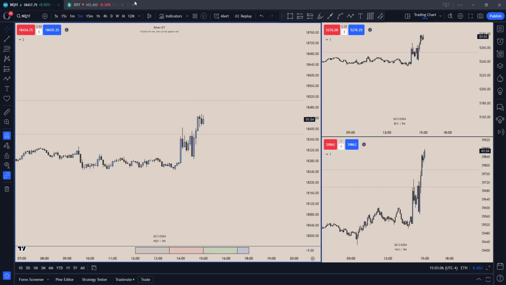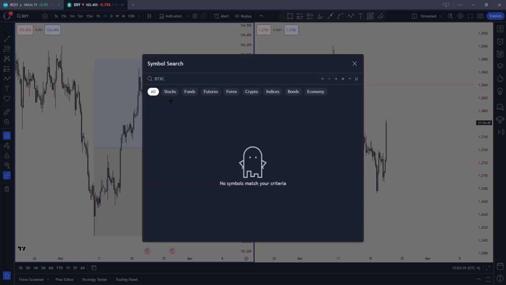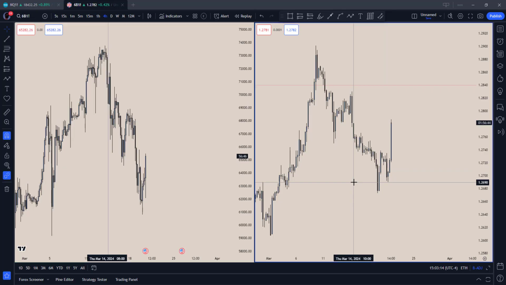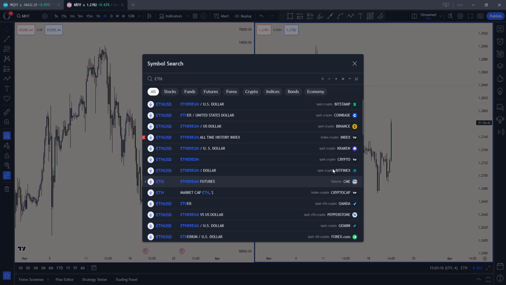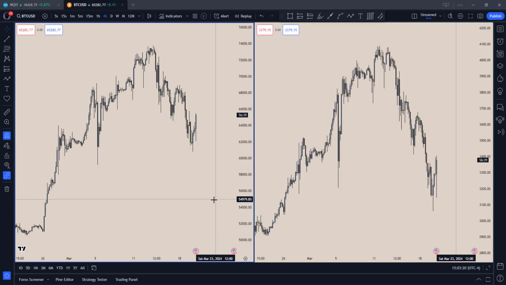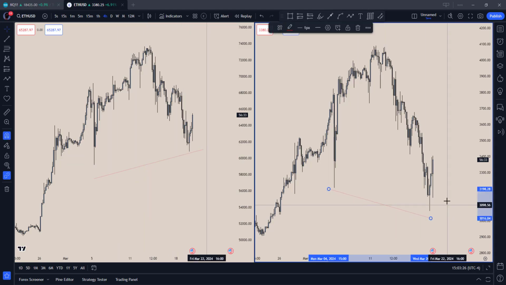Let me take a look at Bitcoin. Oh yeah, I like that. It looks like a good market maker buy model actually. See that SMT? Pretty big.